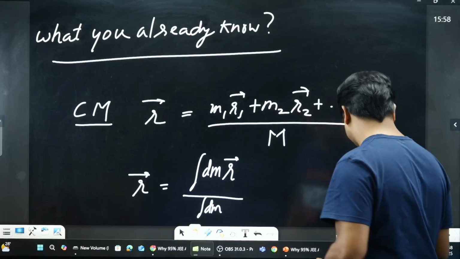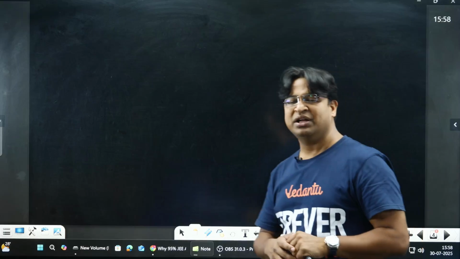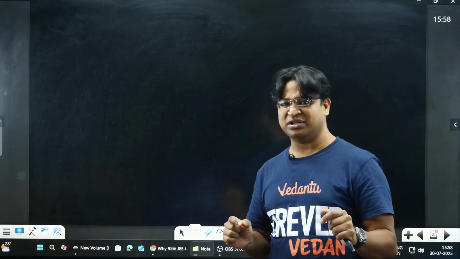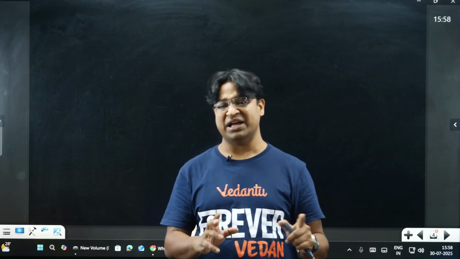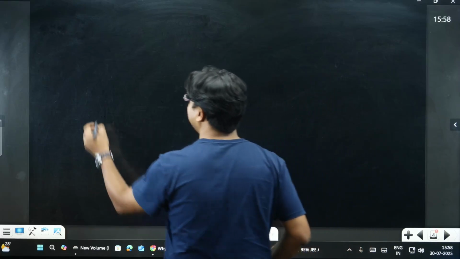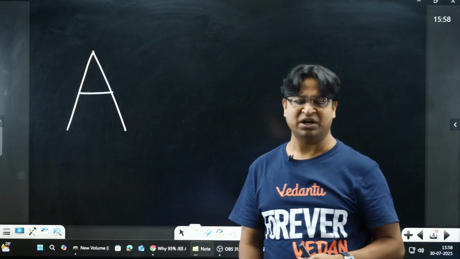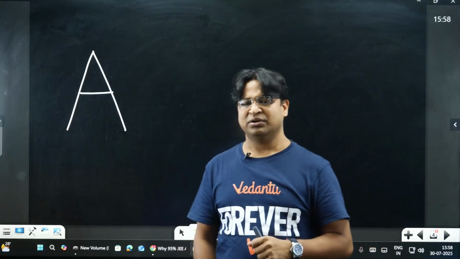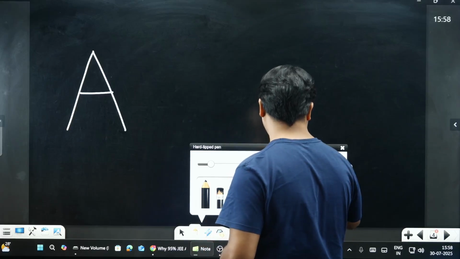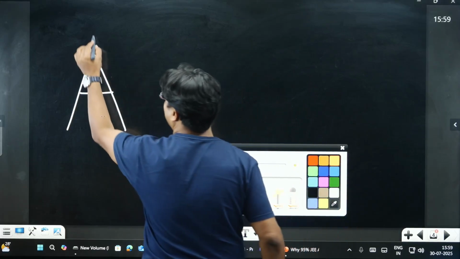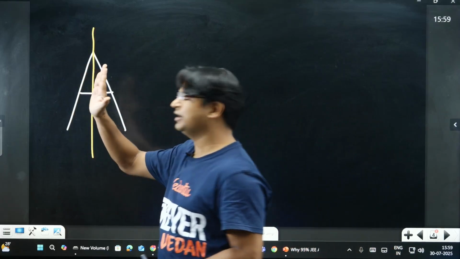Now this is something that you should be knowing. What else you would be knowing is that if an object possesses an element of symmetry, then the center of mass lies on it. For example, if we construct alphabet A by using a uniform wire, like this, we are in a position to declare that the center of mass of this A will lie on this line, because this is the plane of symmetry.